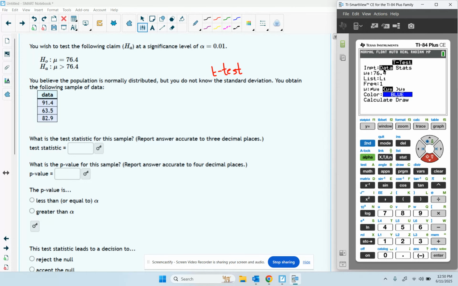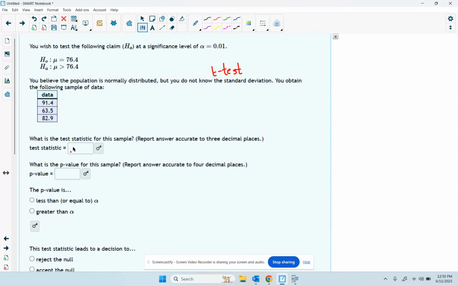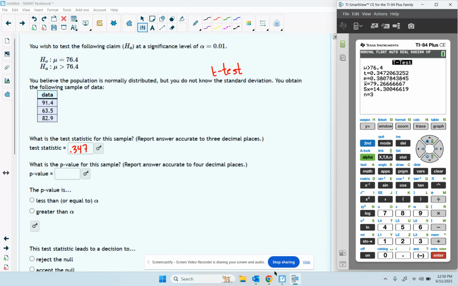The list of data is in L1. Never change this frequency. This frequency is always going to be 1. And we want to show that our alternative is higher than that. So our test statistic here is going to be 0.0347. The p-value is 0.3808.